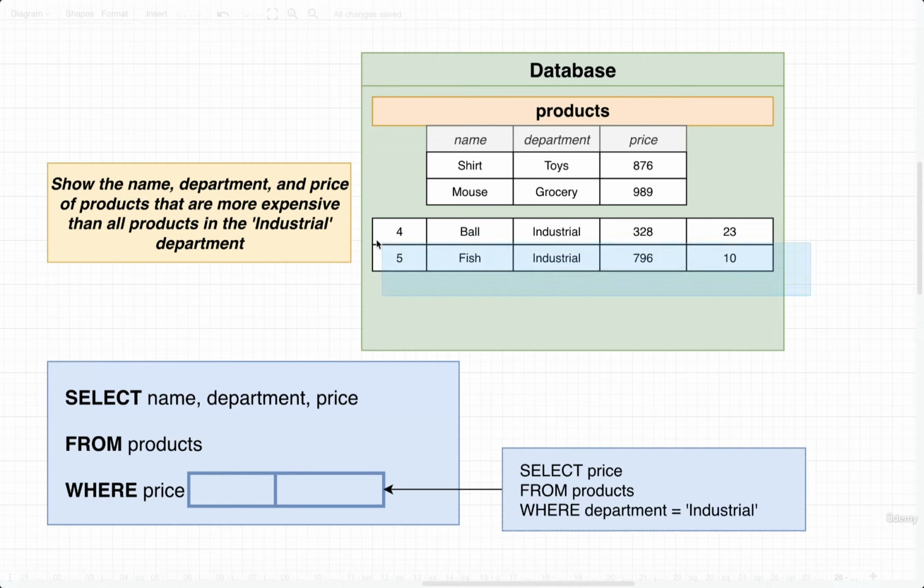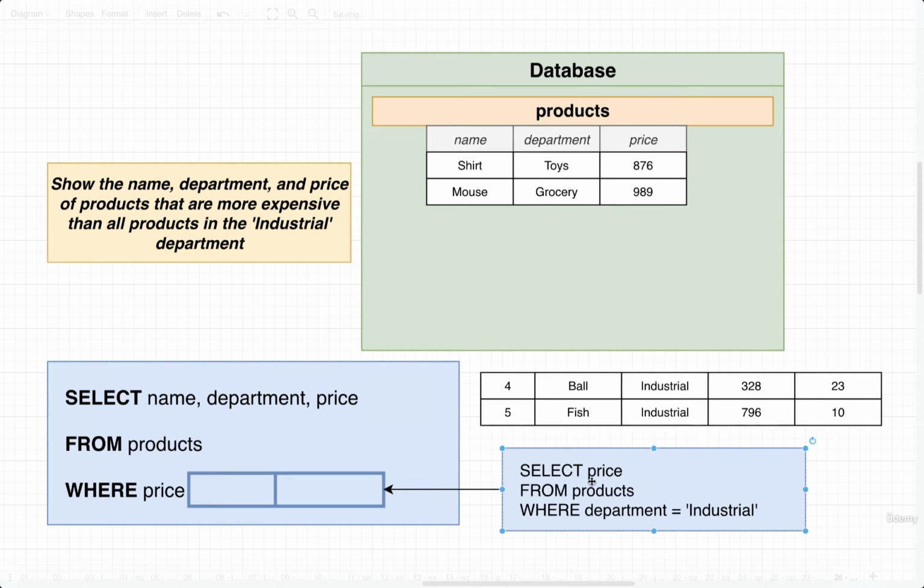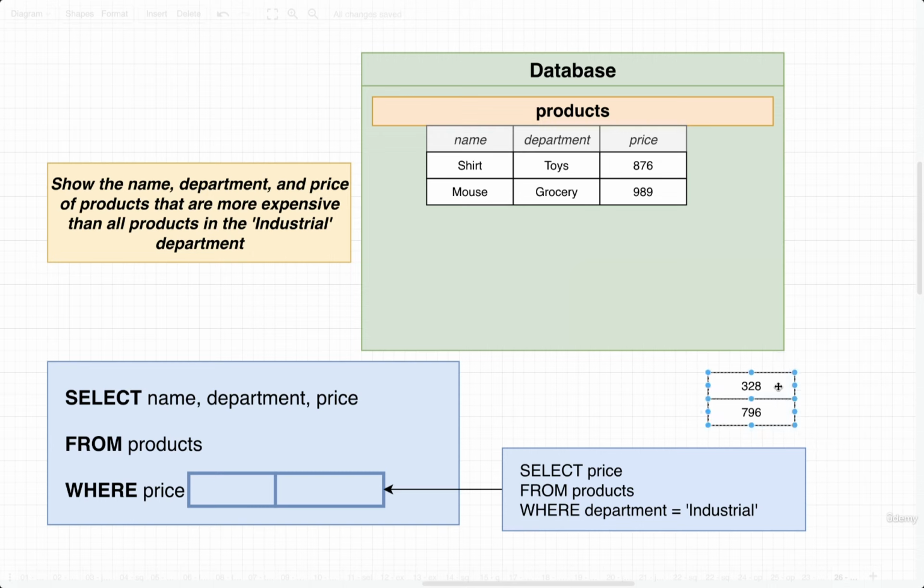That would give us just these two rows right here. And specifically, we are selecting only price. So we would delete all the different columns except for the price column. Notice how we are now left with one single column.